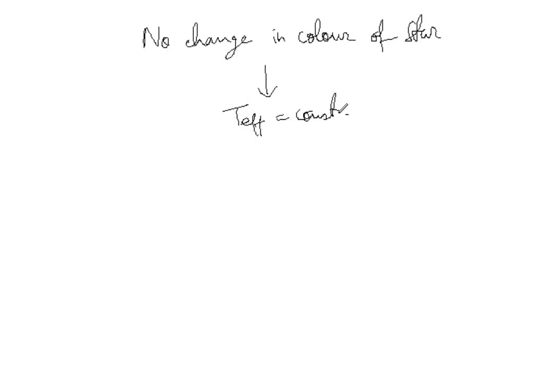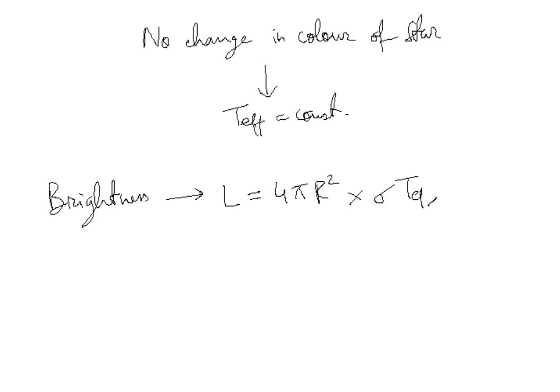Now remember the brightness. What is the brightness of the star? Brightness is basically related to luminosity, right? And what is luminosity? L equals 4 pi R squared times sigma T effective to the power 4. Now, as I was saying, since T is constant and no change in brightness is observed for centuries, this means L is also constant.